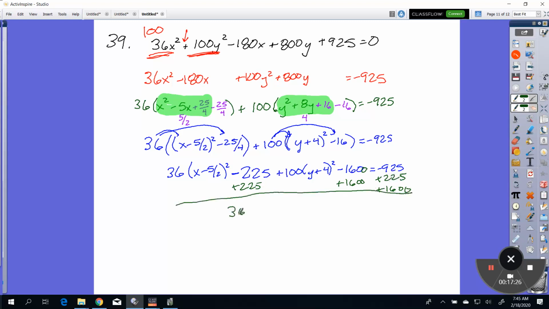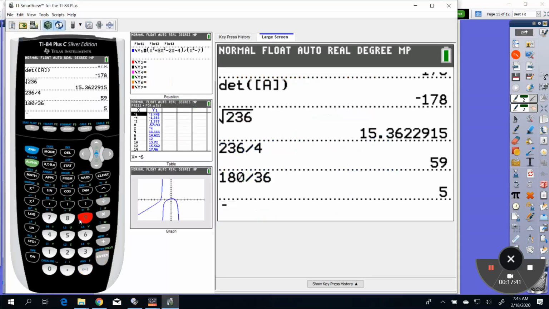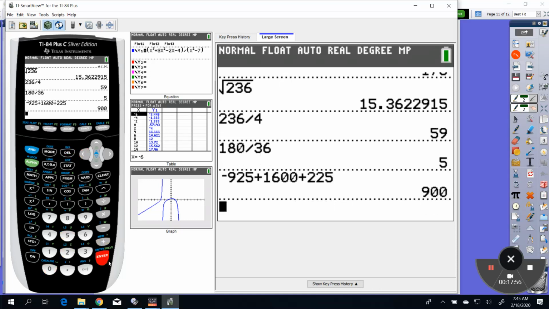So now I have 36 times x minus 5/2 squared plus 100 times y plus 4 squared. And then I have negative 925 plus 1600 plus 225, right? Oh, too many. And that makes 900.